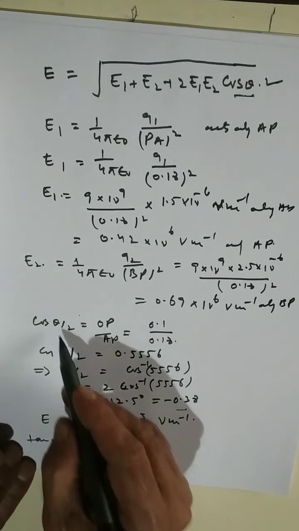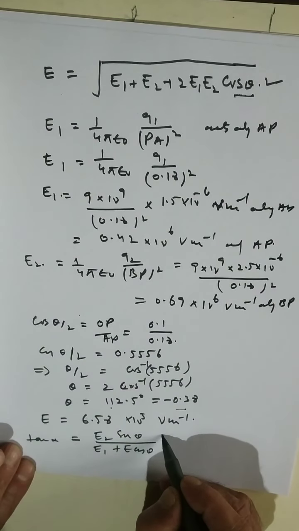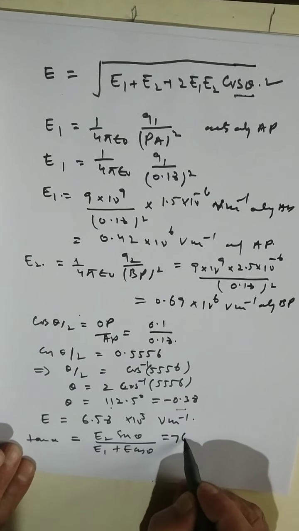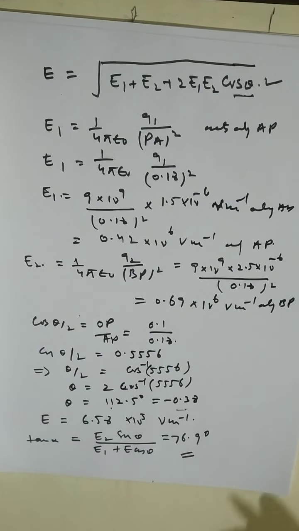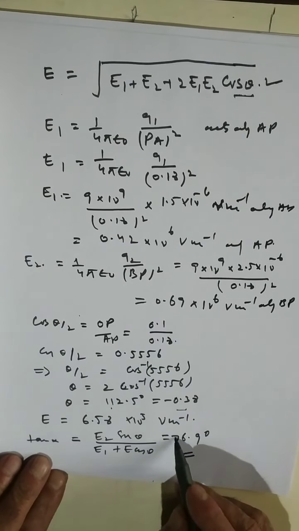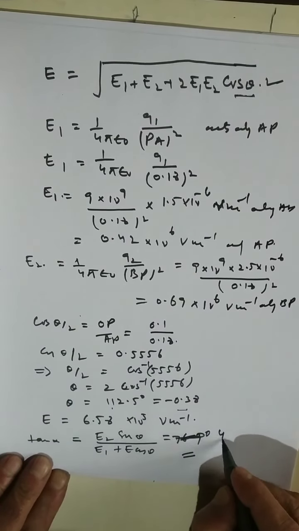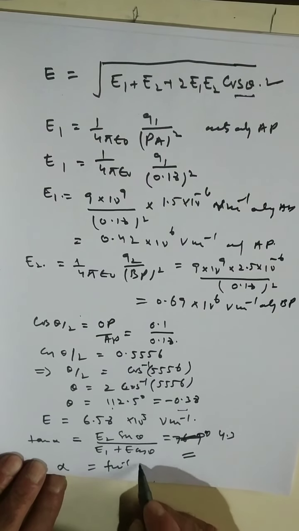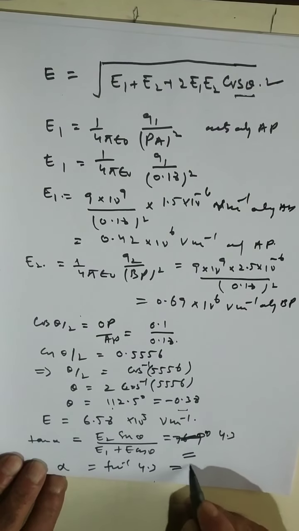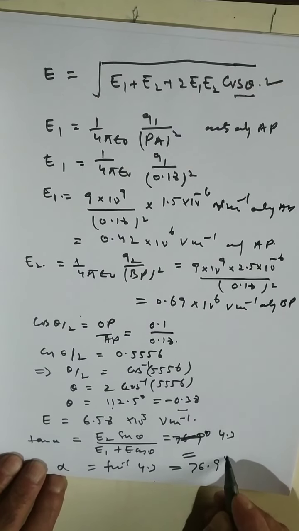So जब E1 और E2 all the values हम substitute करेंगे, this comes out to be 4.3. And alpha comes out to be tan inverse 4.3, which is 76.9 degree. Okay.